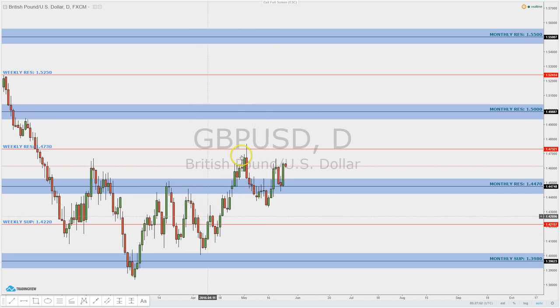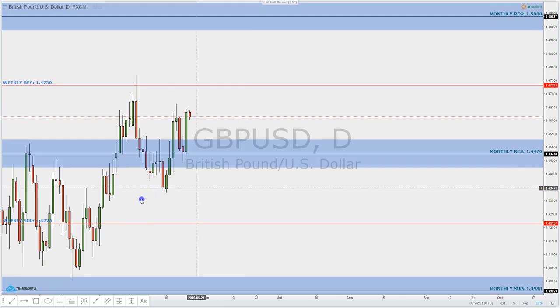I had this harmonic drawn out before it even completed. Completed perfectly. I didn't check my TradingView at that time, but when it completed, if you look on the daily chart, it rejected off the weekly resistance point right here. Nice wick to the top, bearish candle right there. You could have taken a sell, just grabbed a couple pips.